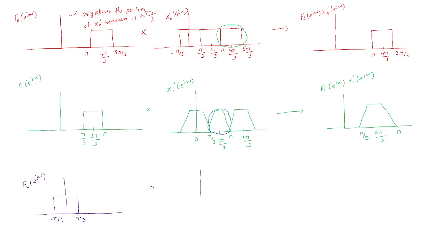When you pass the sequence x2 dash of n through it, it will only allow this part of input spectrum to pass.